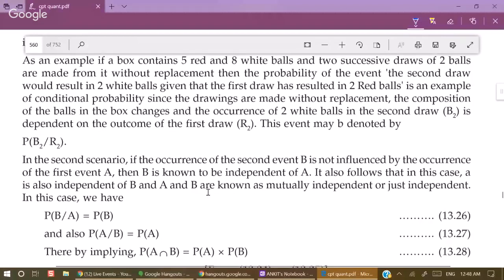As an example, if a box contains 5 red and 8 white balls, and two successive draws of 2 balls are made from it without replacement. You have to understand this particular thing: without replacement and with replacement. Say there are some balls in a bag. Or we can say there are 52 cards in a well shuffled deck of cards.